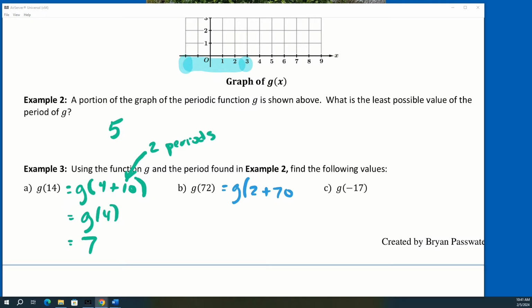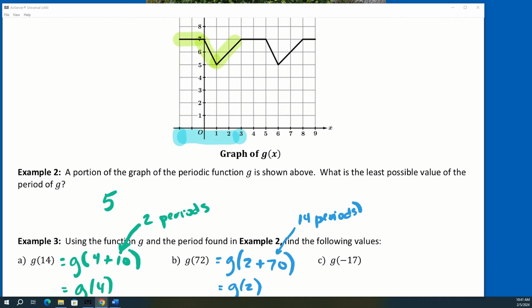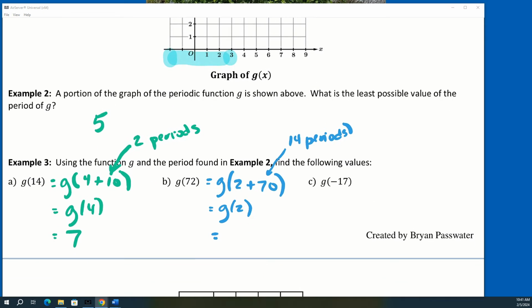Yep. 70 is actually going to be 14 periods. It doesn't really matter how many periods it is, as long as that 70 is a multiple of your period. You can drop that 70 off, and it's just going to be whatever g of 2 is from the graph, and g of 2 is just 6.